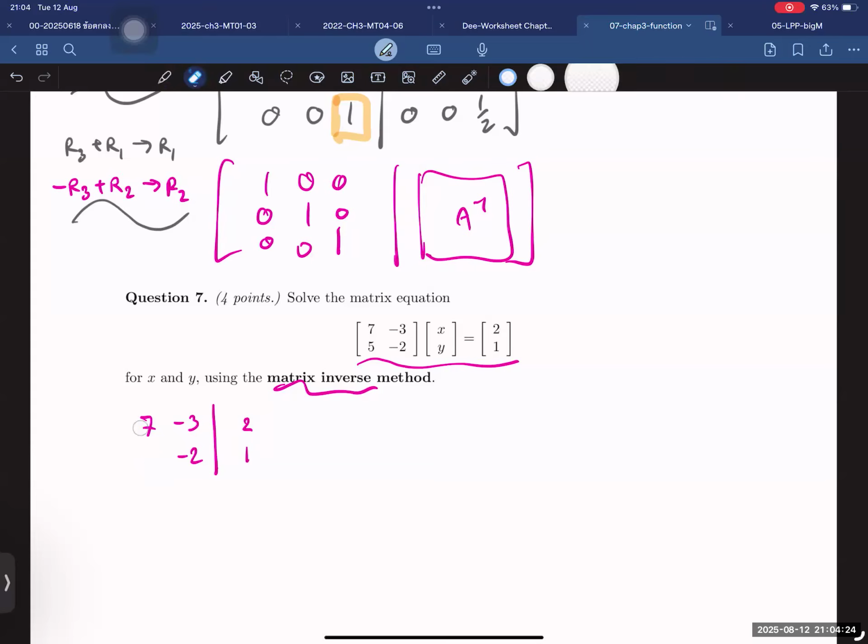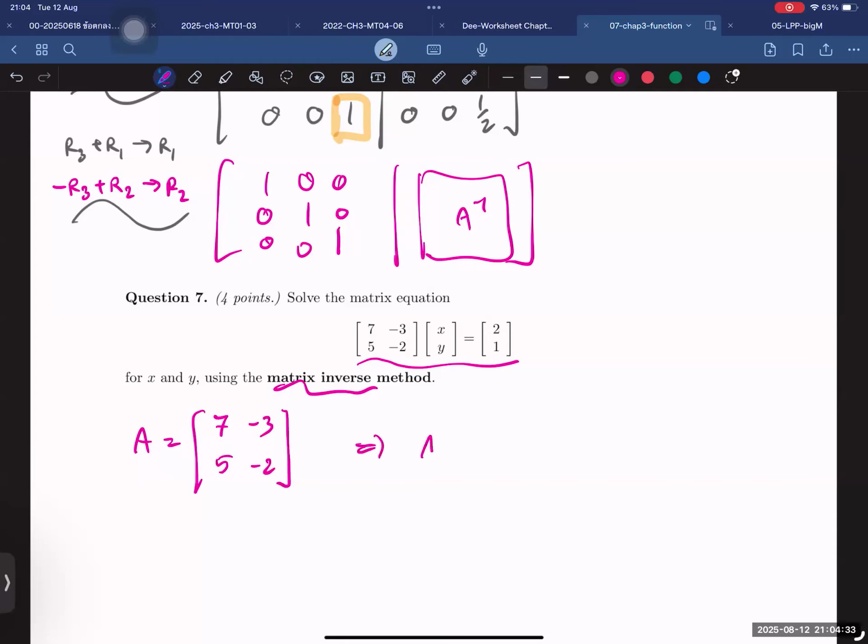Oh, they said using inverse. It means that if A is this, we know that we can compute A inverse, in this case we have 2 by 2, right? So we multiply this, and it's going to be 1 over 7 times negative 2 minus 5 times negative 3. And what's going on here?